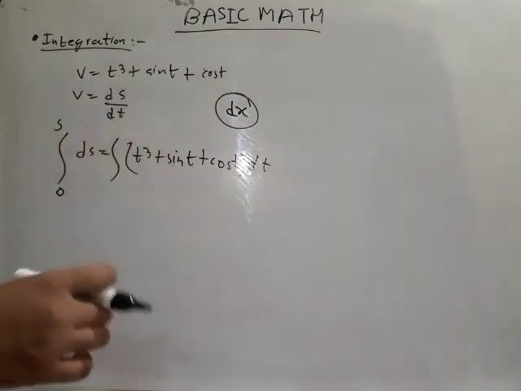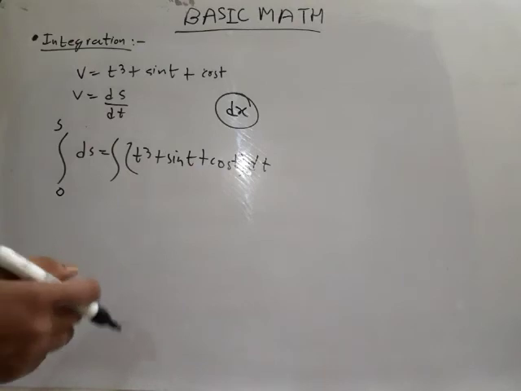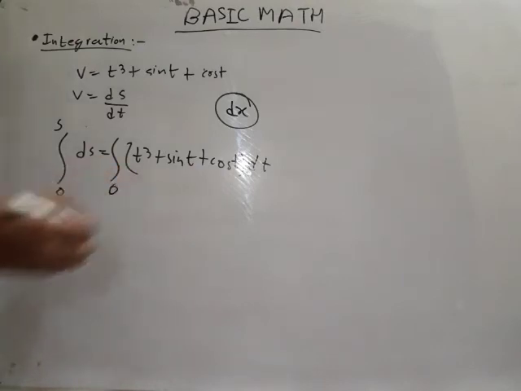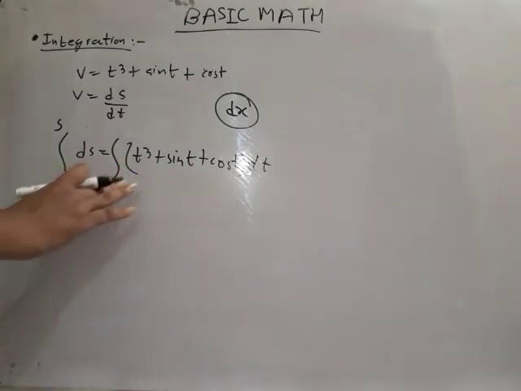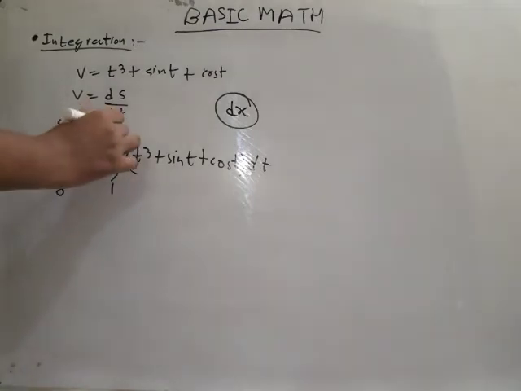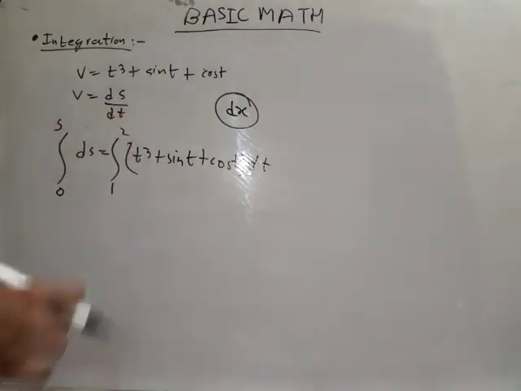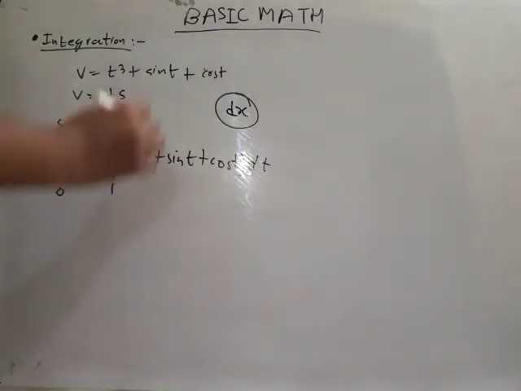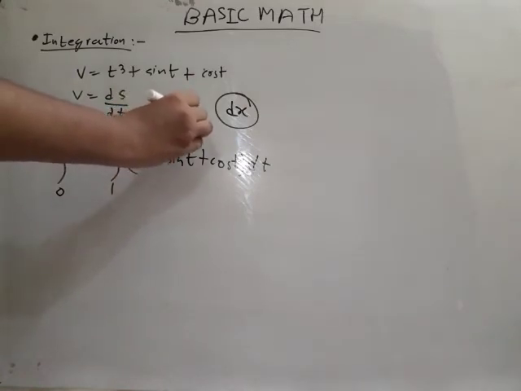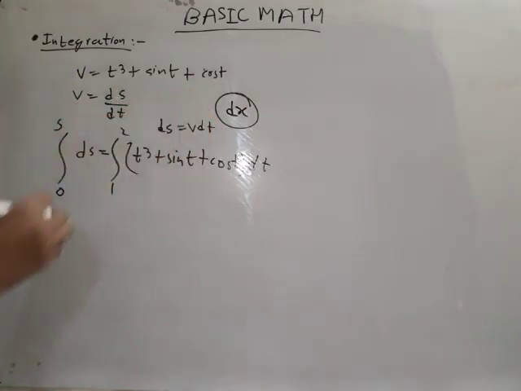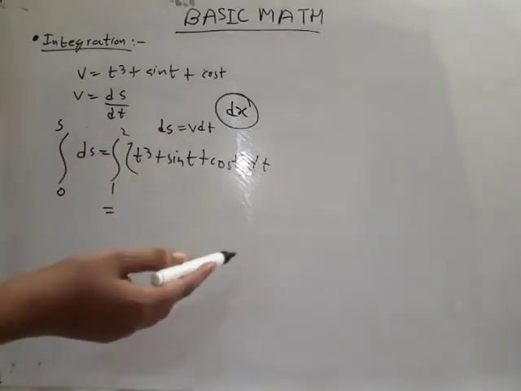Similarly, suppose we have been told to find the time from t equal to 1 second to t equal to 2 second. Now let us integrate it. Integration is always distributive.